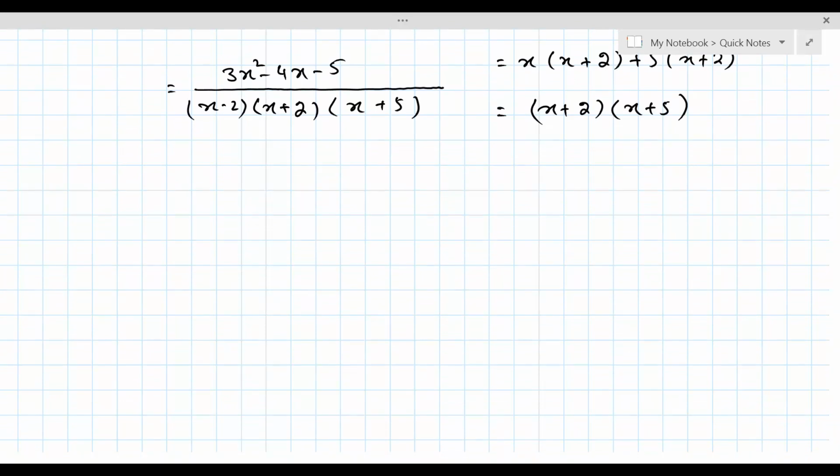So let's write this down as sum of the simpler rational fractions.